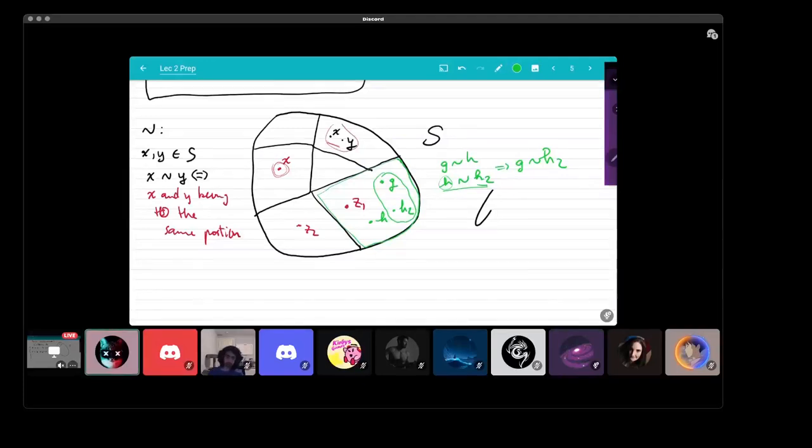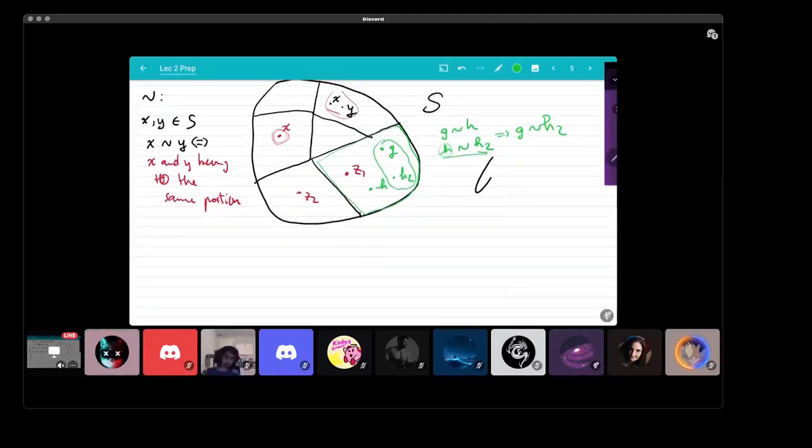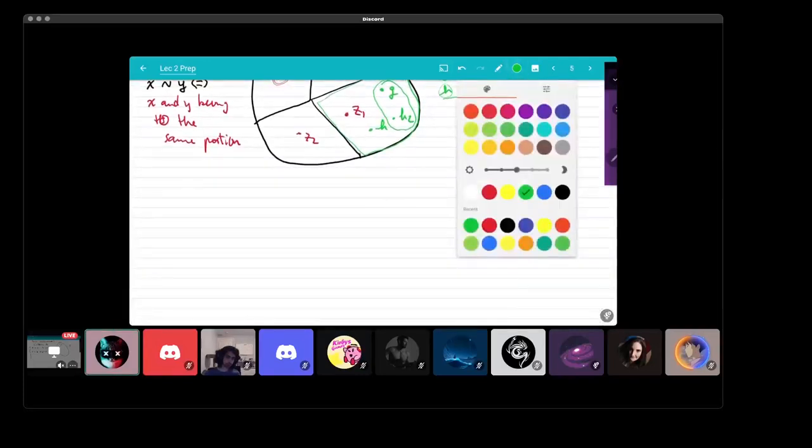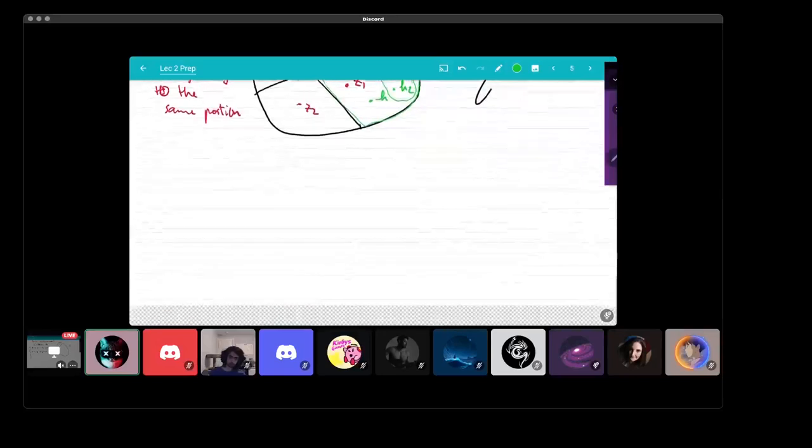But we'll see that actually defining an equivalence relation on a set also leads us to a way of subdividing the set, of dividing the set in a partition.